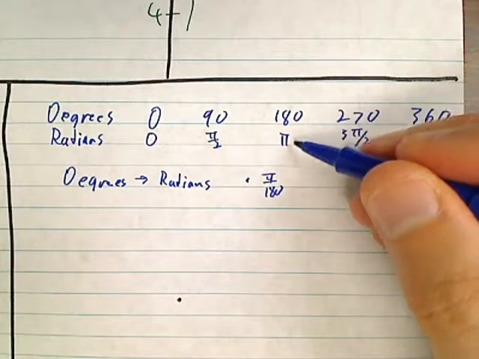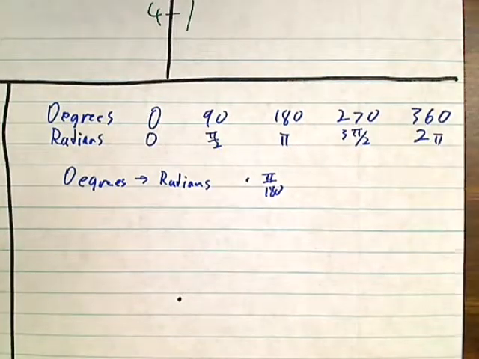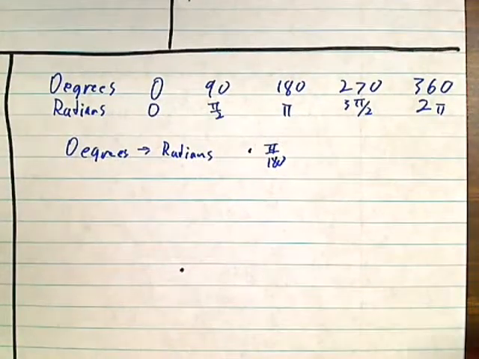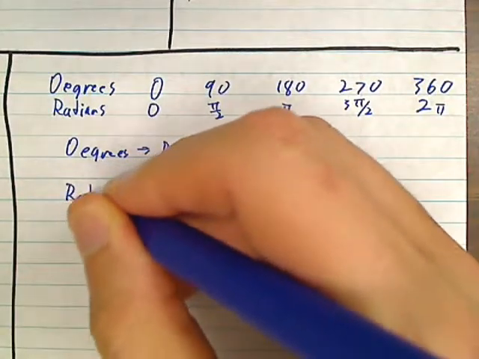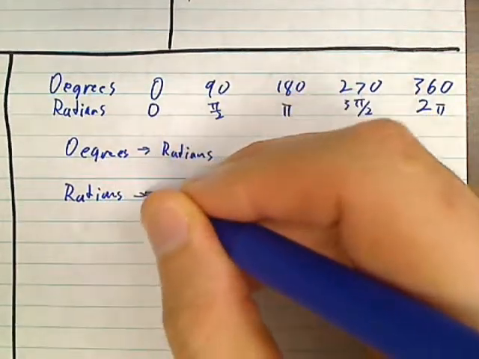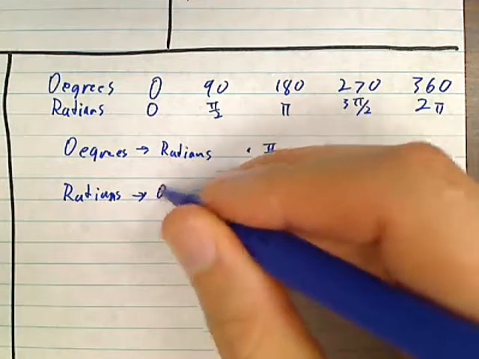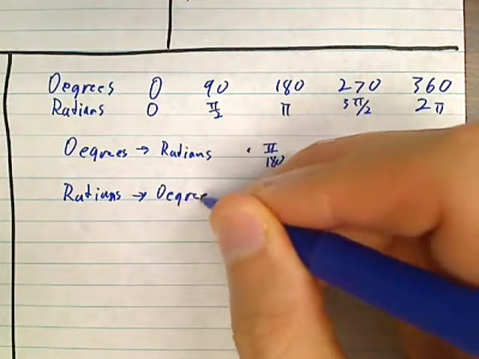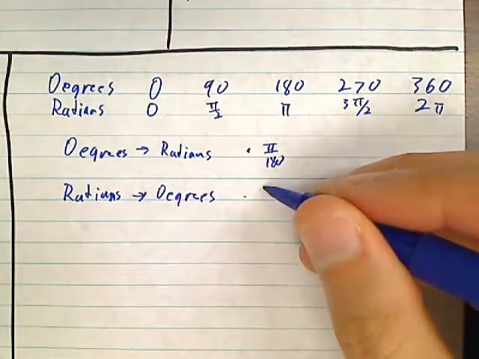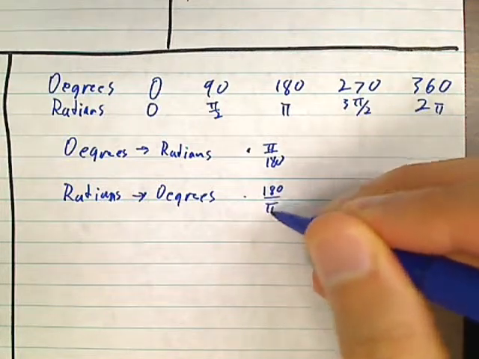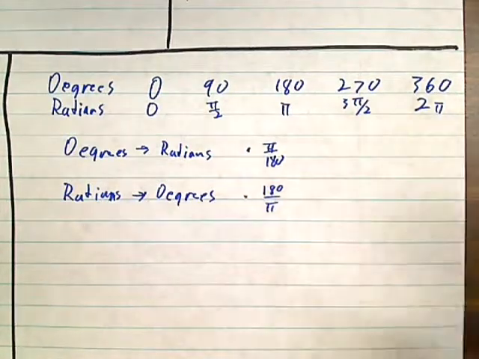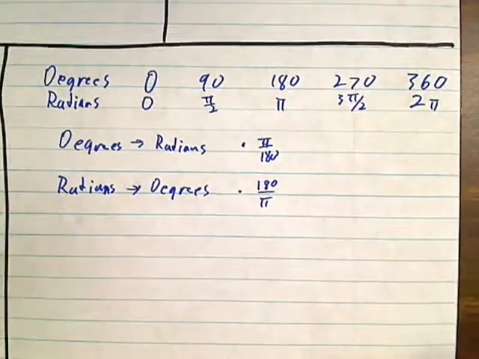That cancels out the 180 and puts the pi there. To go the other way, from radians to degrees, you multiply by the reciprocal, 180 over pi. That's how you switch between one and the other.